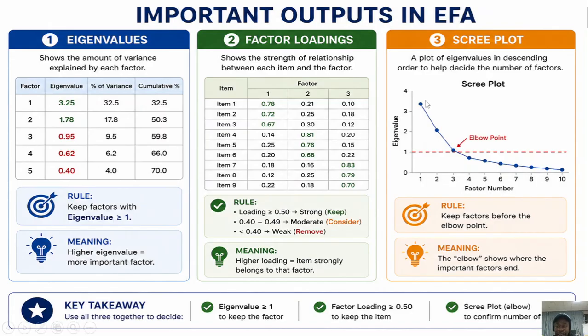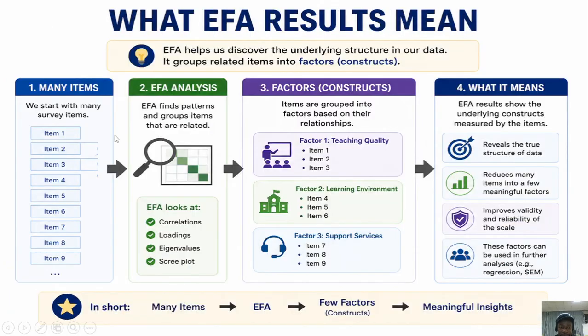When it reaches the elbow, all these ones are no more necessary. So we only pick from the elbow to the top. We don't take those down here. So this one makes the same decision as the eigenvalues here.